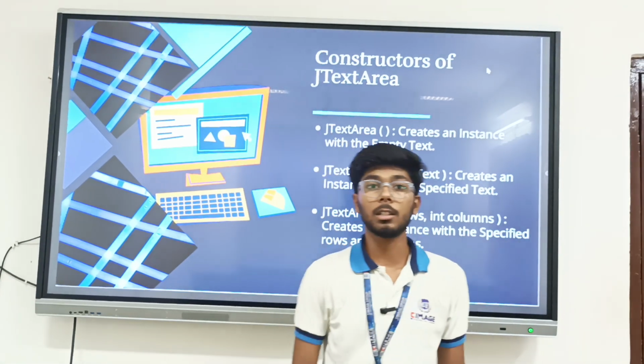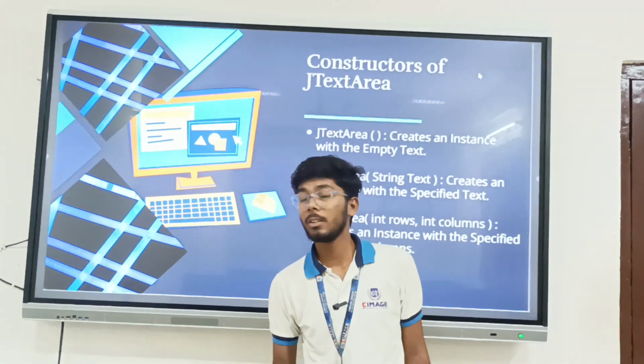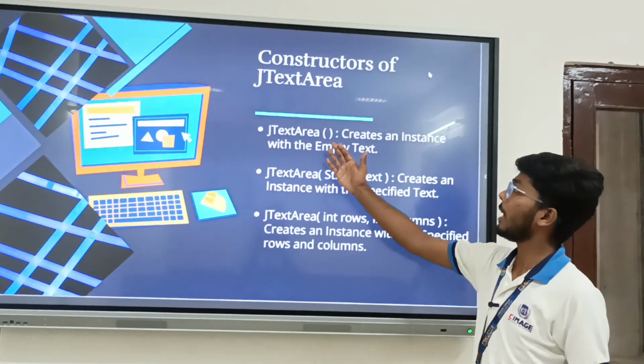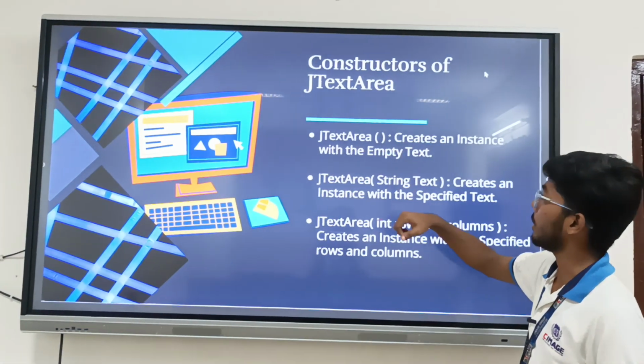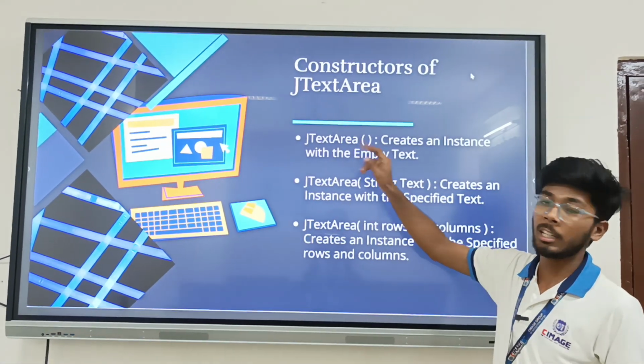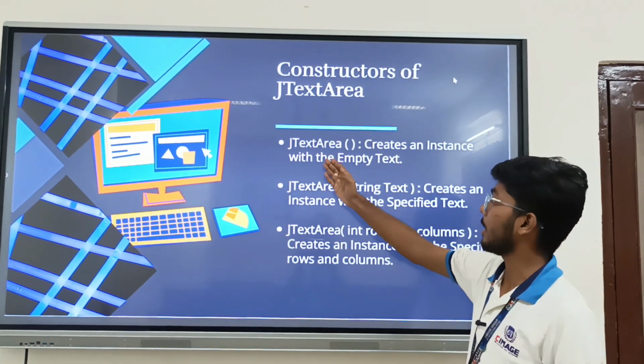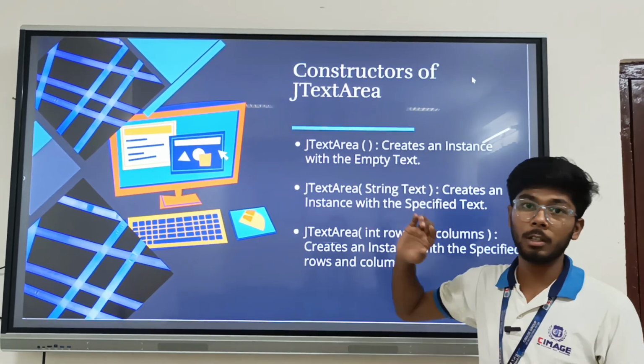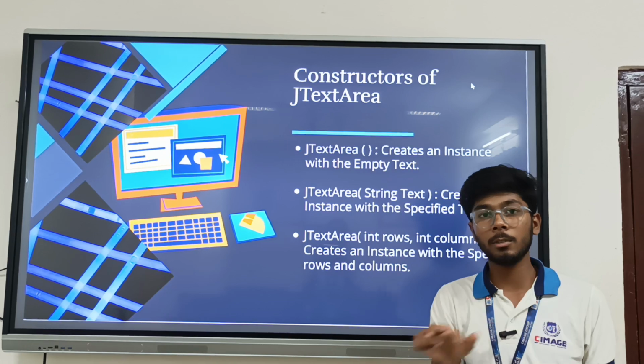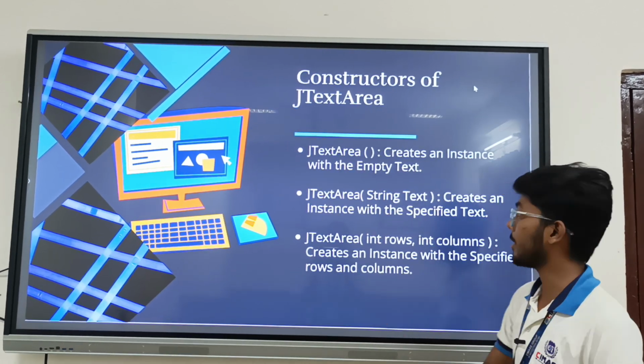Now we will understand some constructors of JTextArea. The first one is JTextArea with no parameter. I have not given any parameter, so it will create an instance of JTextArea with empty text. There will not be any text inside our text area.